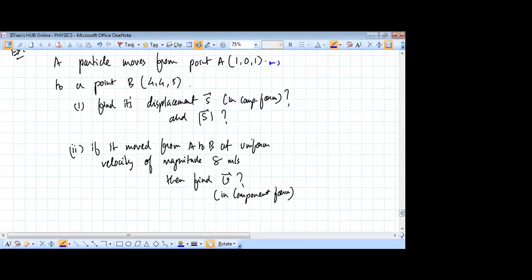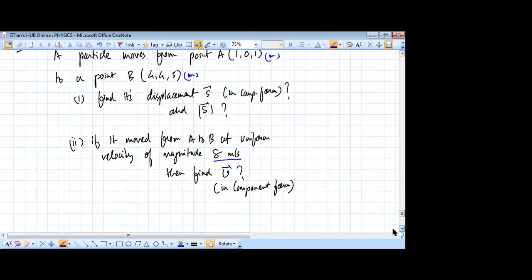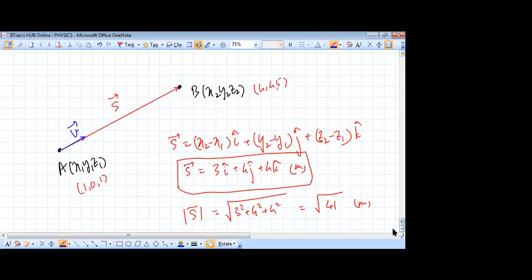So these were given in meters, and this is given in meters per second. Aman, your answer for the magnitude of S is right, but the velocity vector will not be like that. The velocity vector will be slightly different.